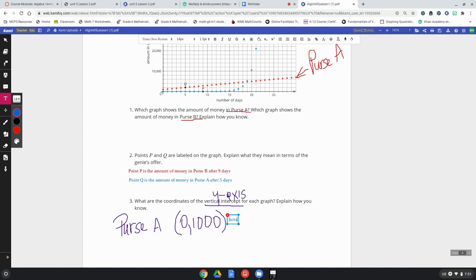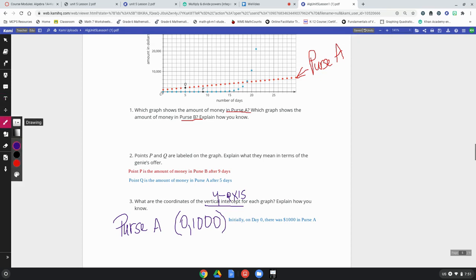All right. And then for purse B, now you're not going to be able to see that due to the scale, right?